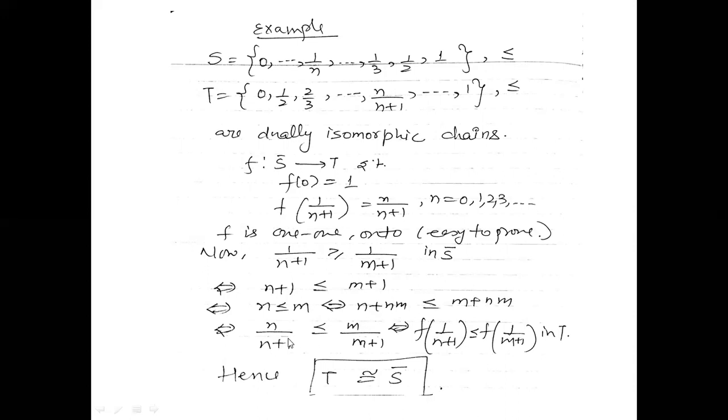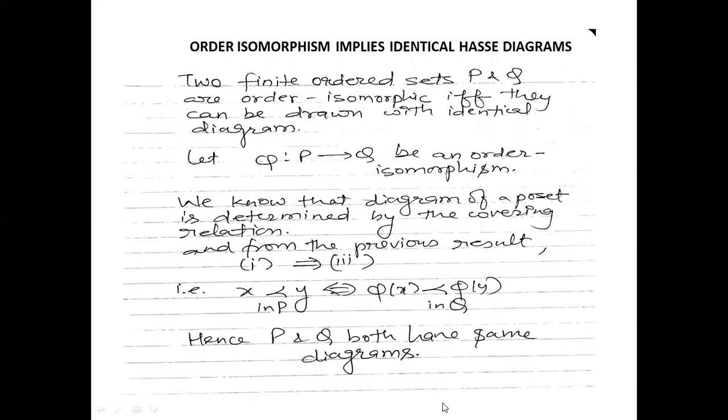If and only if, taking n common here and m common here, you will get n upon n plus 1 is less than equal to m upon m plus 1, if and only if f of 1 upon n plus 1 is less than equal to f of 1 upon m plus 1 in T. So this order isomorphism is also proved, and hence T is isomorphic to S bar, the dual of S. So they are isomorphic.